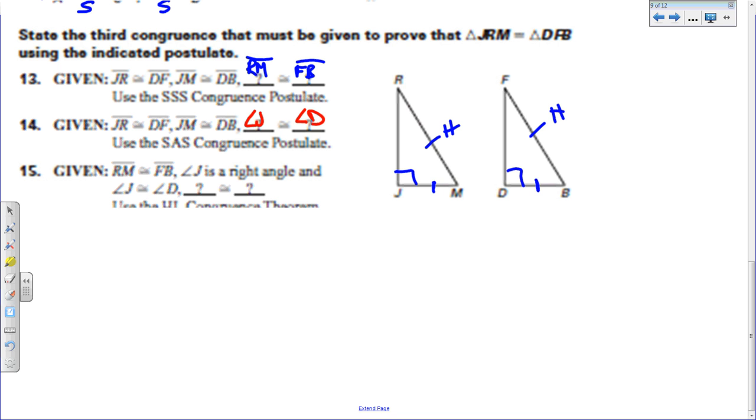So we could do JM is congruent to DB, or we could have JR congruent to FD. And that's fine too. Well, it should technically be DF. Right?